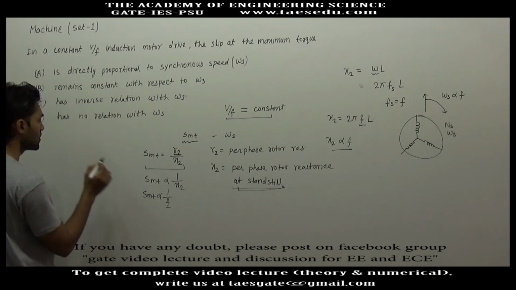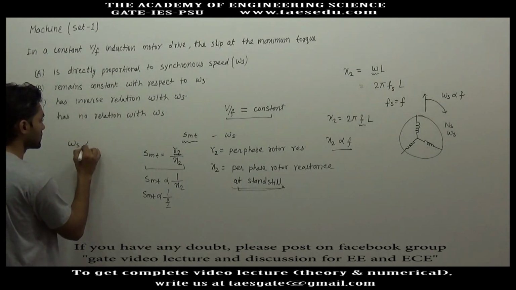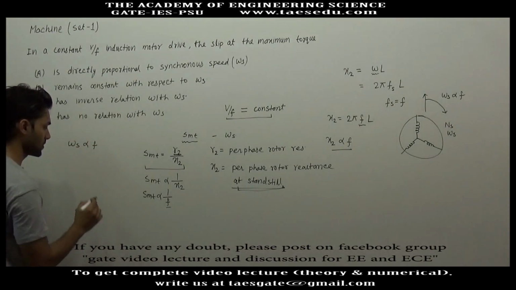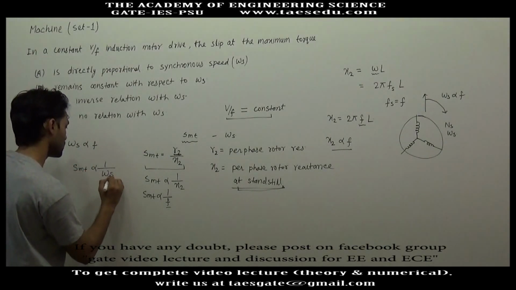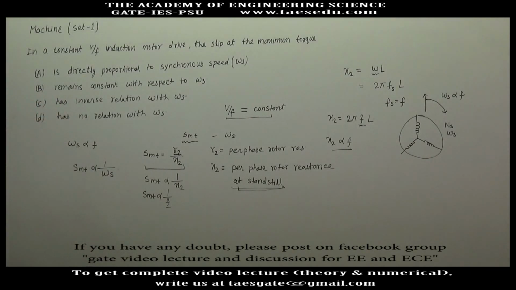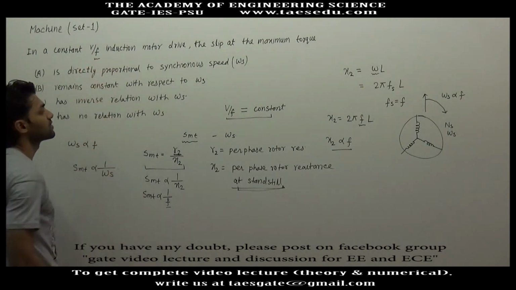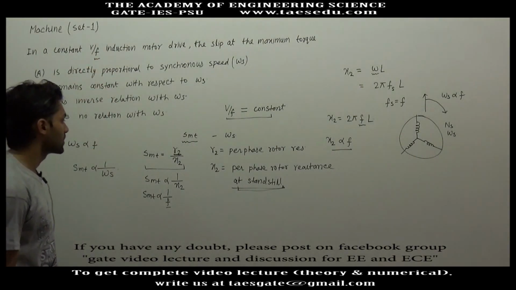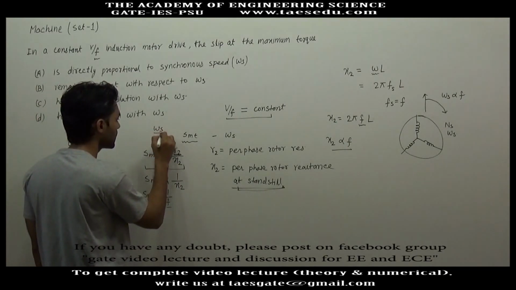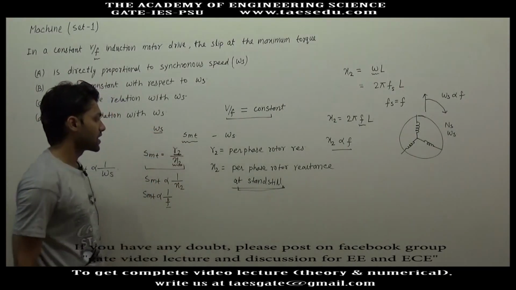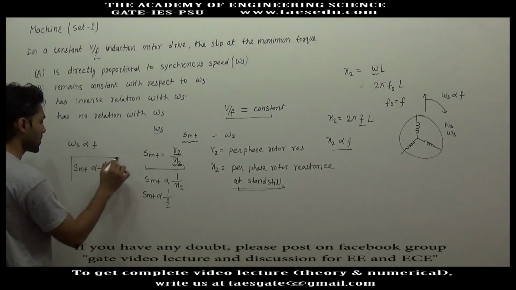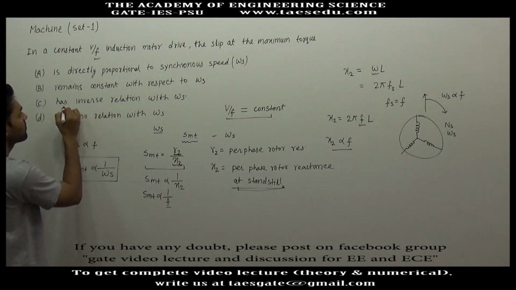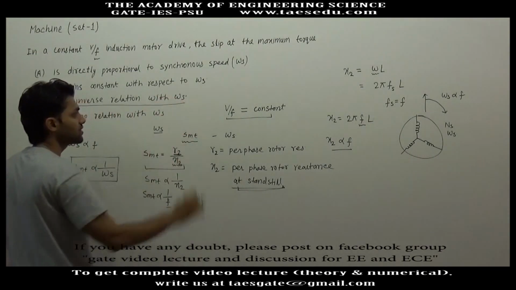Now synchronous speed is directly proportional to frequency, so SMT will also be inversely proportional to synchronous speed. In V by F control, supply frequency is varied, accordingly synchronous speed will vary, and accordingly rotor reactance at standstill will vary. So the slip corresponding to maximum torque will have an inverse relation with the synchronous speed.